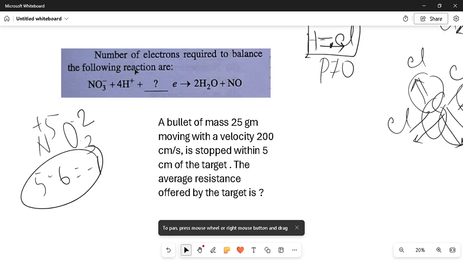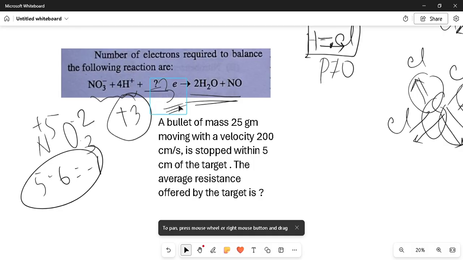So there is a minus 1 ion present, and here 4 protons are present, so the total positive charge is plus 3, and on the other side no ion is present, so this plus 3 will be cancelled by minus 3 electrons. If there is no ion on one side, there should be none on the other, so we can say it is balanced. So 3 electrons balance this equation, and the option will be 3.